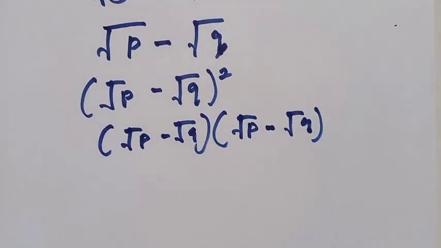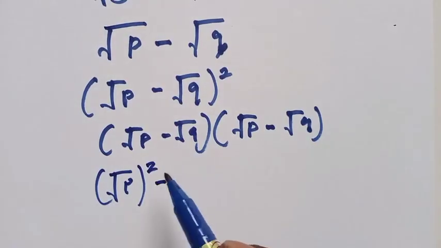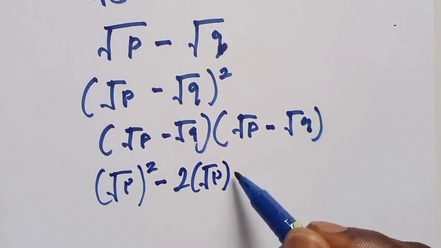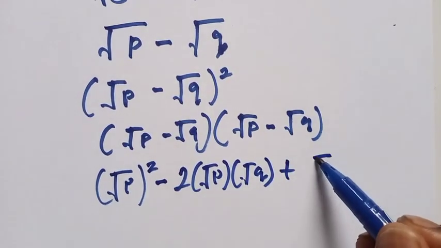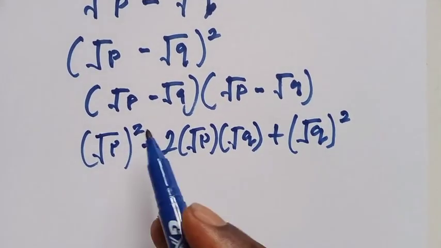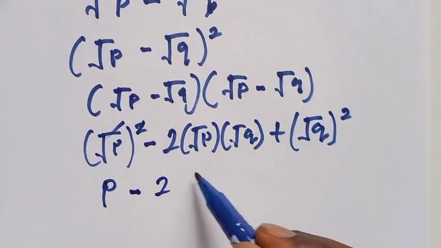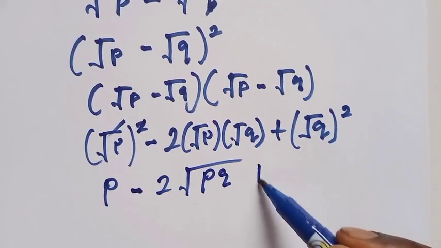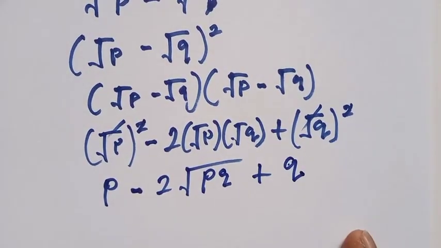Now if we expand this, we have root p squared minus 2 root p root q plus root q squared. So this cancels this, we have p minus 2 roots p times q, which is pq, plus q.